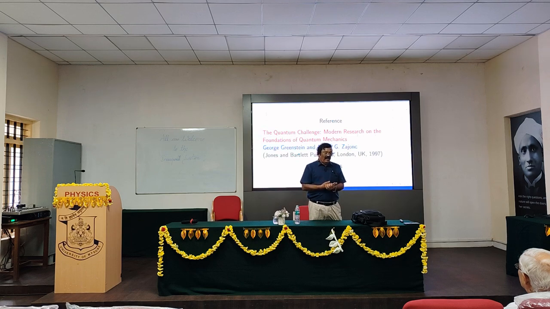So the next step was, we have seen how to quantize material particles. There were two results which could not be explained by Schrodinger quantum mechanics and also Dirac quantum mechanics. One was the Lamb shift experiment. The Lamb shift could not be explained by Dirac's theory.